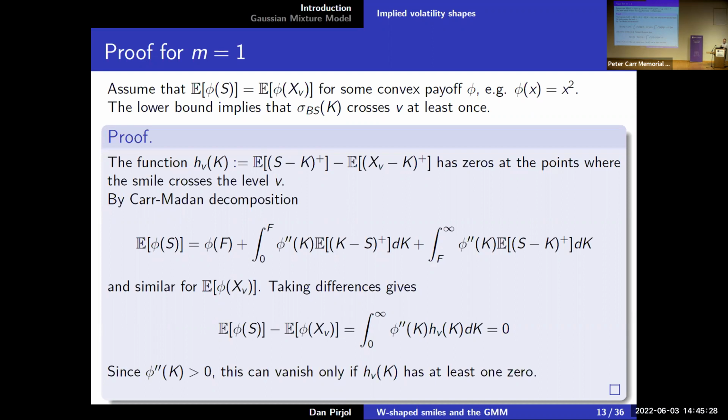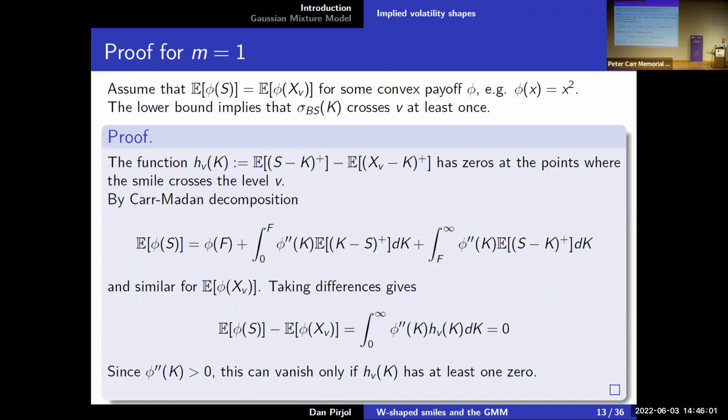Now the Carr-Madan decomposition gives any payoff or expectations thereof as a linear combination of calls and puts with appropriate coefficients, which are just the second derivative of the payoff. You can do that both for the reasonable density and for the log normal. And taking the difference of these two expectations, this can be represented as an integral over this function I introduced earlier, h sub v.